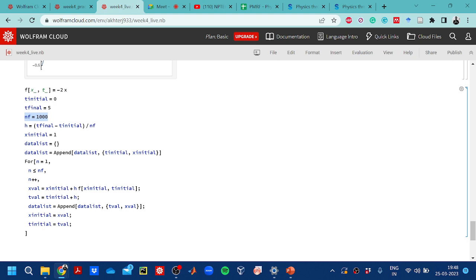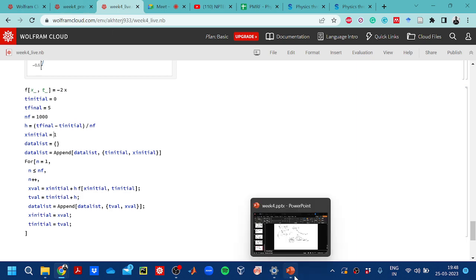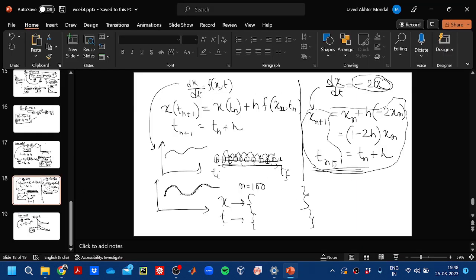And since this is a first order differential equation, we need to specify one initial condition. So suppose this is our initial condition, that means x at t equal to 0 is this. And we need one array. Why do we need an array? We need an array because we need to store these numbers. Here we are calculating x n plus 1 and t n plus 1.